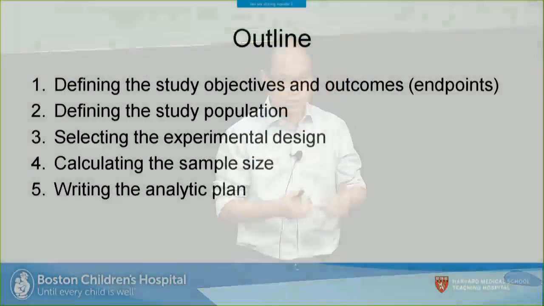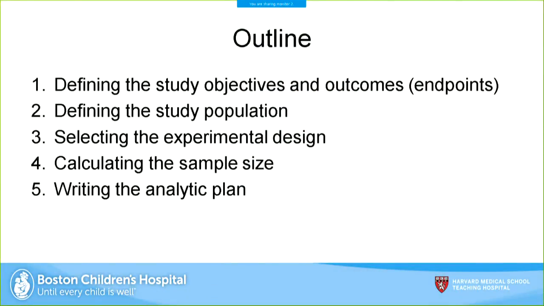So in general, I would say there are 5 steps that you want to consider when trying to design a study. First, you want to think about your study objectives and your endpoints, the measurements that you're going to be making. We want to be careful in defining our study population.